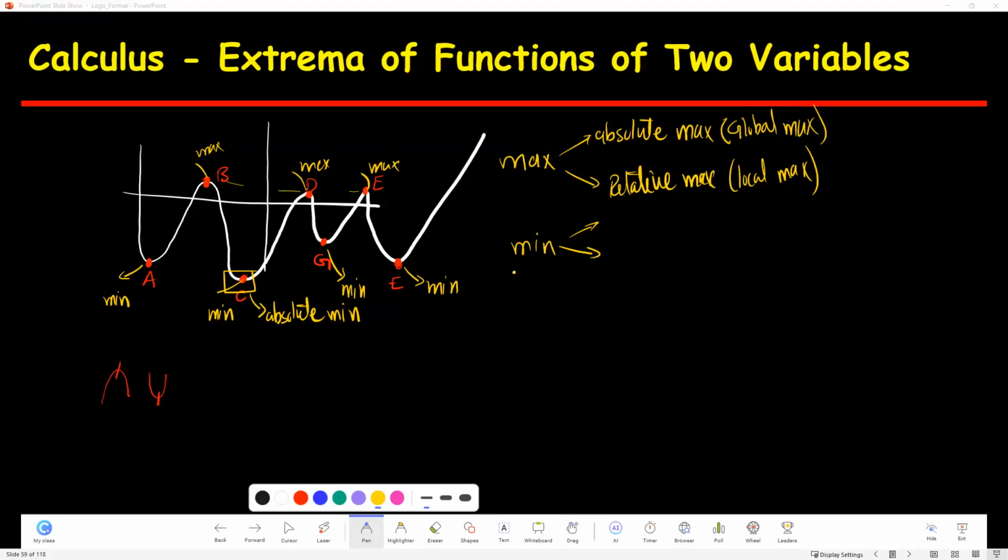The others, A, G, F, are not absolute, but they are relative. So I'm going to call it absolute min and then relative min. And I also call it global min. This is called local min.